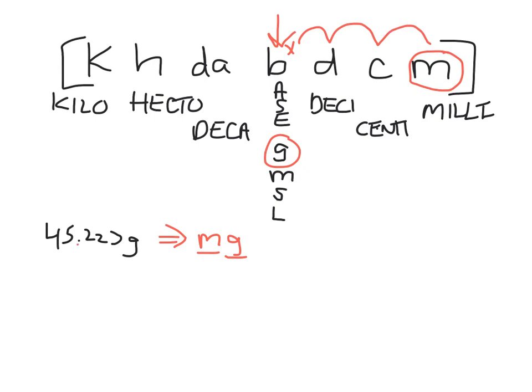You'll start wherever the decimal point is and go 1, 2, 3 to the right, just like you did on the chart above. And that means it would be 45.223 milligrams. And that makes sense. There's a lot more milligrams than grams. Even though it's the same amount of mass, milligrams are really small.